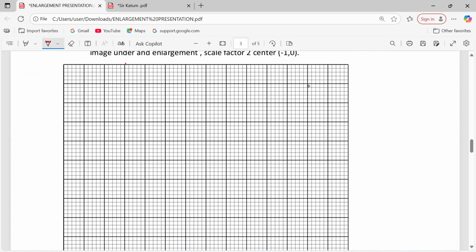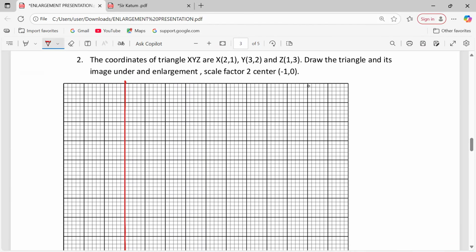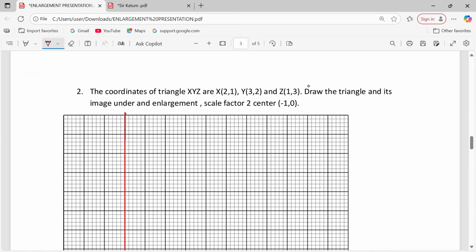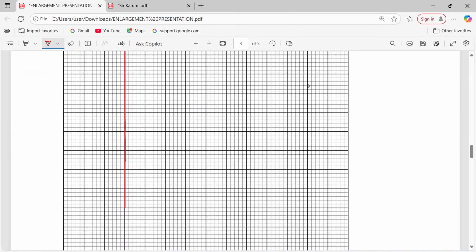So I'll start with, of course, the axis. So we have the vertical axis there, or rather the y-axis. Then I also do the x-axis. Let me draw the x-axis using a very straight line.